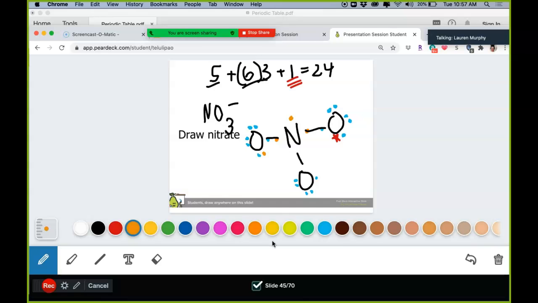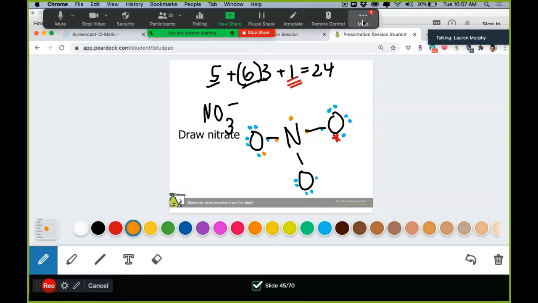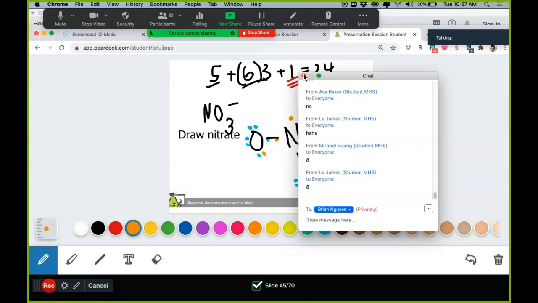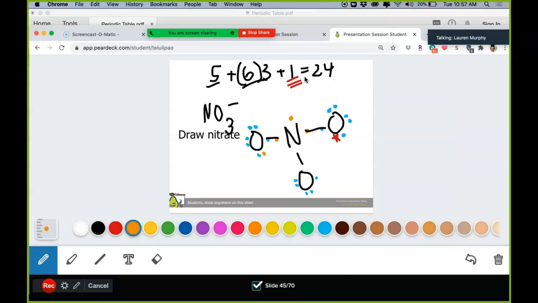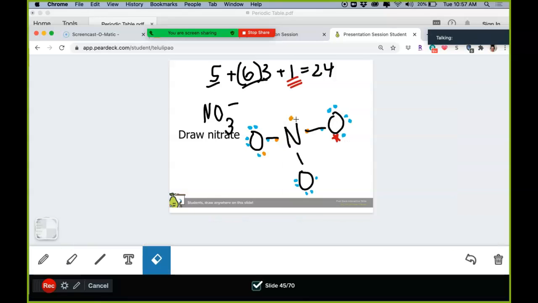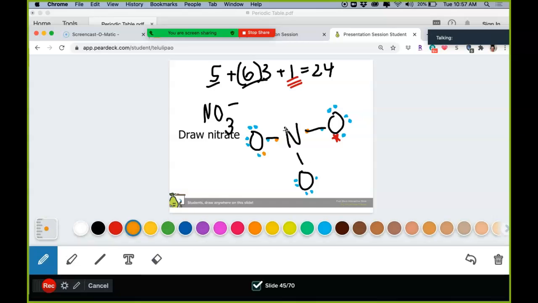Any other suggestions? A double bond. Great. What about a double bond? I'm just going to move it down so it's not as ugly. So this electron, I'm going to put it down here so that you can see where it's going to pair up. What about a double bond right here?